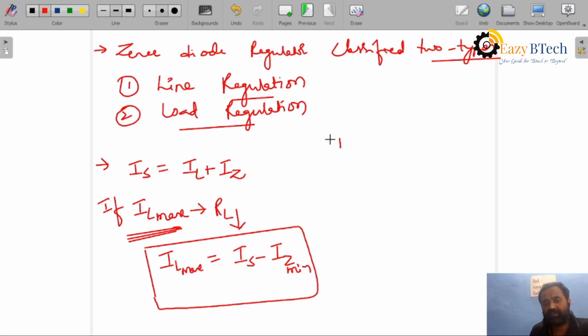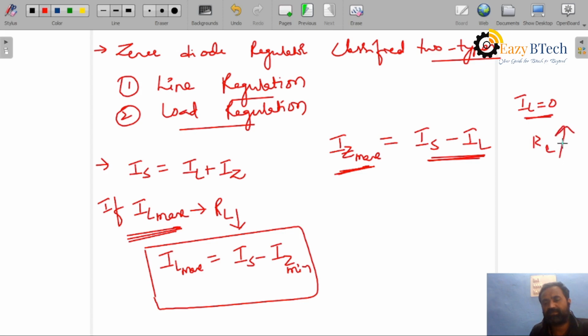Okay. Now from the same relation, Iz maximum, current through the Zener diode is maximum when Is minus IL. Is it clear? Now it means IL is almost 0. IL 0 means RL is maximum, tending to infinity. Then you can write Iz max is equal to Is. Is means source current.